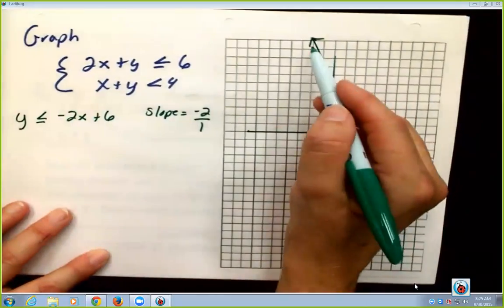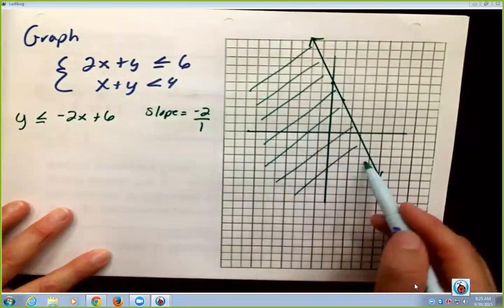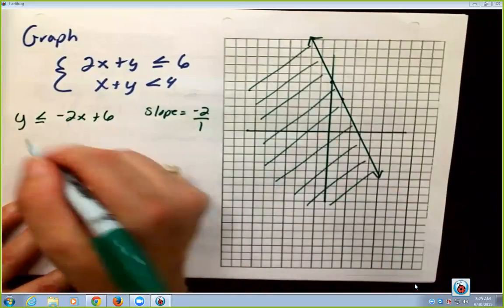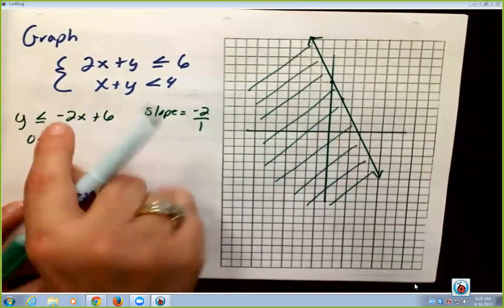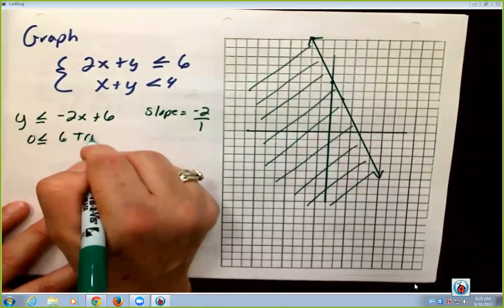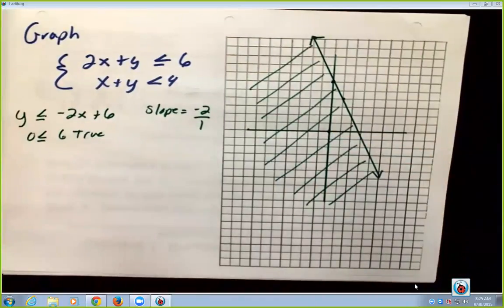Mm-hmm. Yep. And if you used your test point to do that, and use 0, 0, you would have 0 is less than or equal to a negative 2 times 0 is 0, plus 6 is 6, and that's true. So I would shade where my 0, 0 happens to be. Okay, so we're good there.